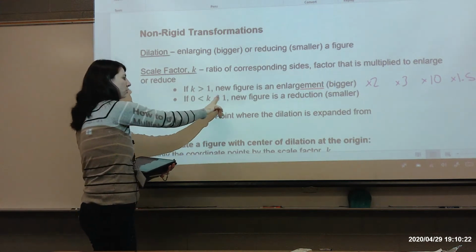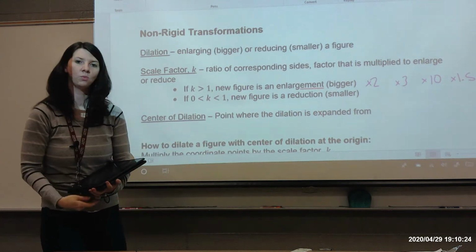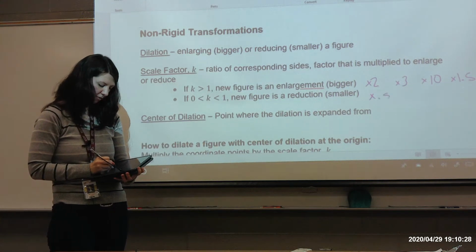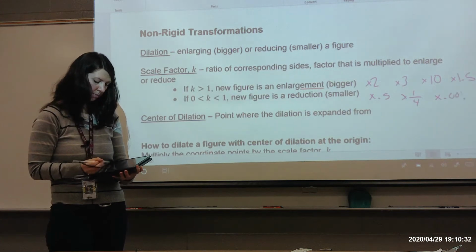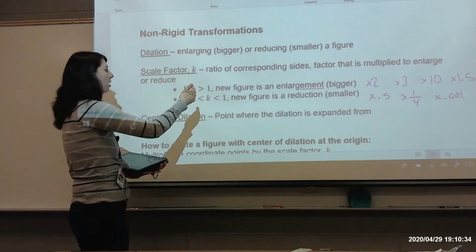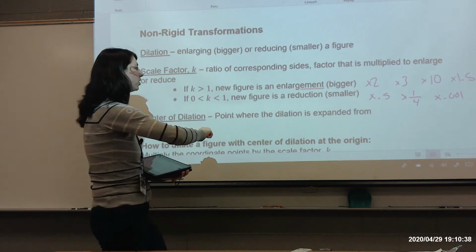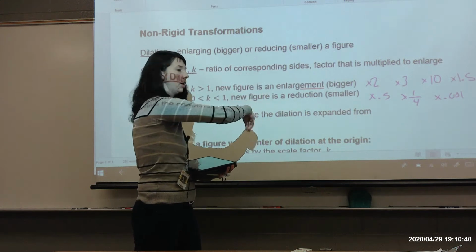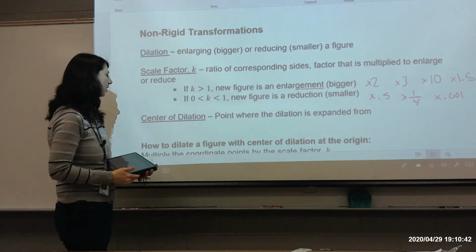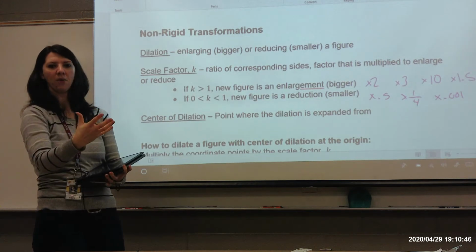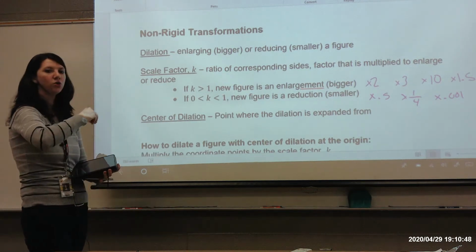If it's between 0 and 1, so I'm talking about less than 1 but not negative, so like times 0.5, times 1/4, times 0.001, anything that is smaller than 1 is going to make your figure get smaller. Right? It'll be a reduction. And your center of dilation is the point where the dilation is expanded from. Okay, so that's just how we do our calculations.